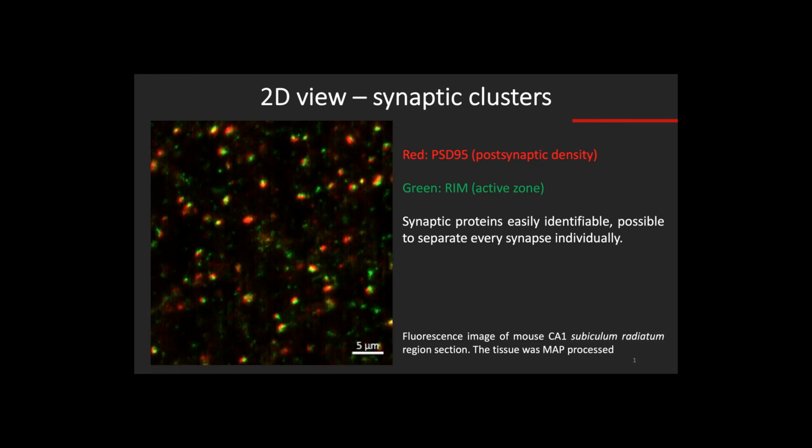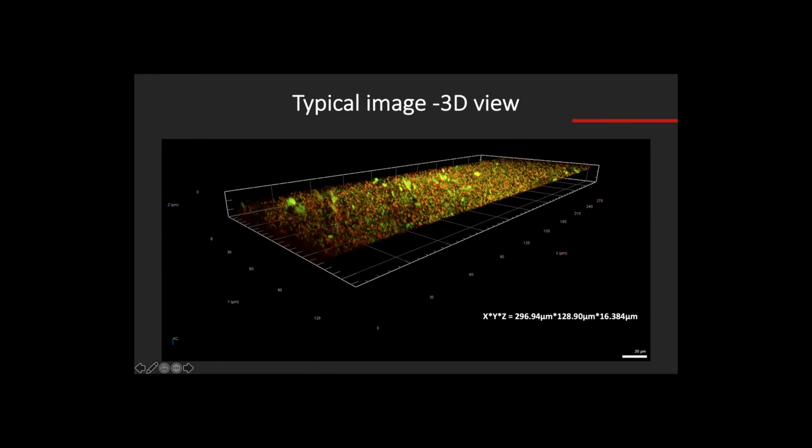And so why we are going to Arivis is because of the future data that we are going to have with the latest light sheet. As Oliver mentioned earlier, the data that we can obtain with the latest light sheet are very big. It's huge. As you can see the dimensions here, in X we are almost at 300 micron, in Y we are at 130, and in Z we are at 16 micron.